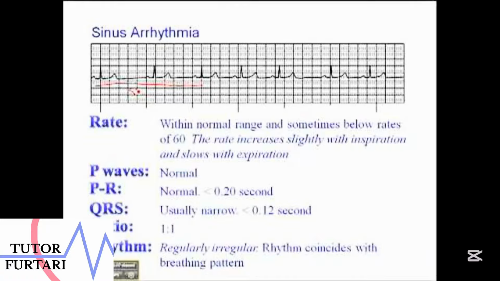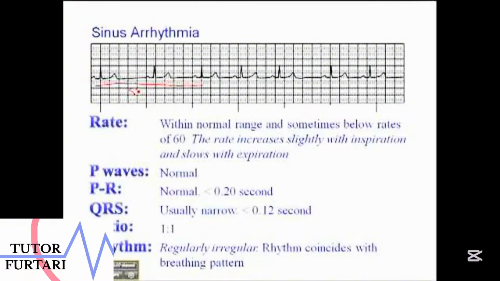Let's quickly cover sinus arrhythmia or dysrhythmia. This generally is when the heart rate varies, it's very irregular, and this is due to inhalation and exhalation. So when you inhale, your heart speeds up, and when you exhale, it slows down. The rate is normal, like the NSR. It has normal P waves, normal PRI between 0.12 to 0.20.